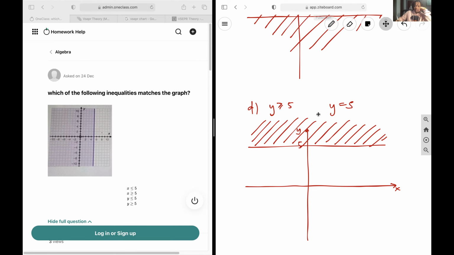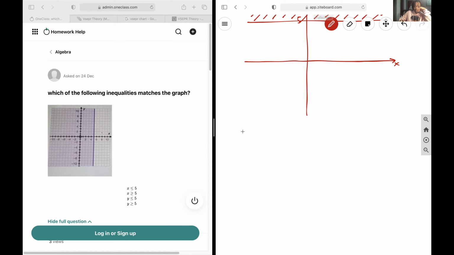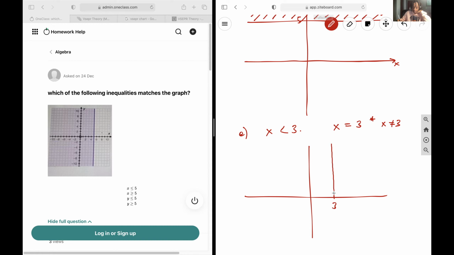And so just as an extra example, if the inequality doesn't include the equal sign, so take y is less than 3, then again, you start with y is equal to 3, but you make the note that in your inequality, y is not equal to 3. And so what that means is that when you draw it, find 3, draw the line, and then instead this time, because of the fact that y is not equal to 3, you can have a broken line, and that'll just signify that we are including all points not including the line.